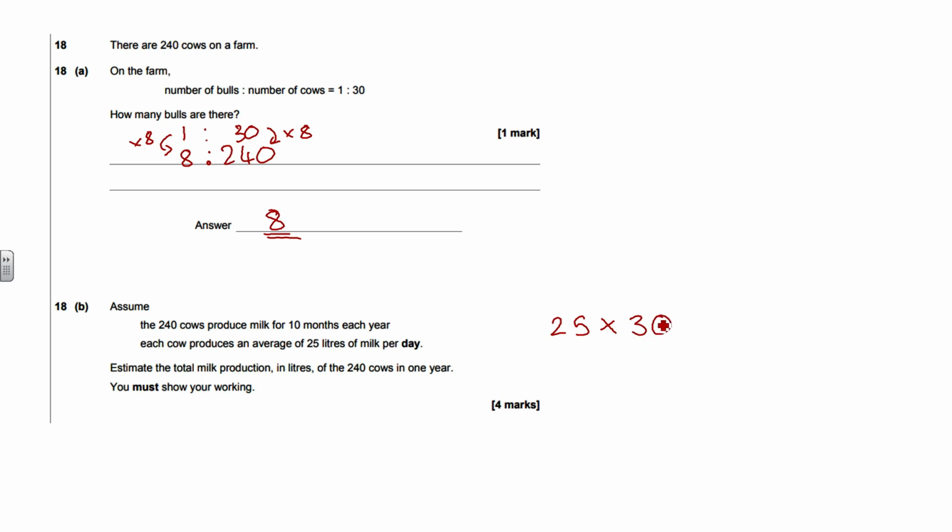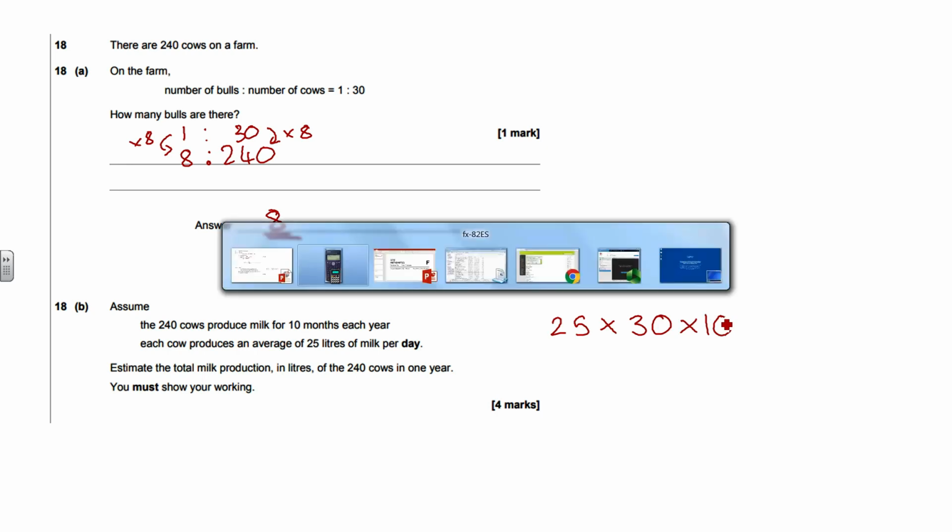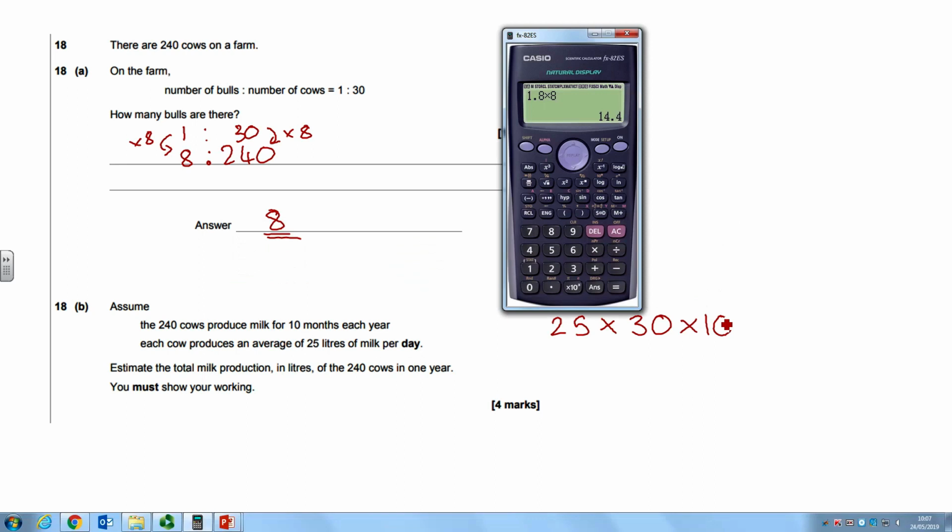So 25 litres of milk per day times 30 days in a month times 10 months of the year is 25 times 30 times 10. So let's stick that in. 25 times 30 times 10. I could totally do that in my head. 7,500 litres.